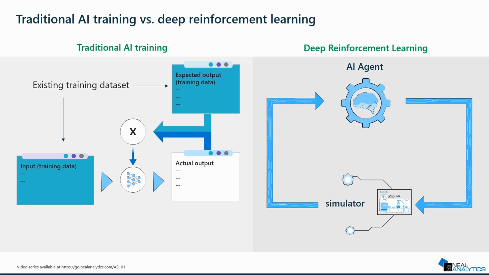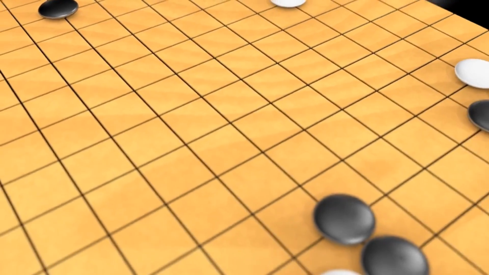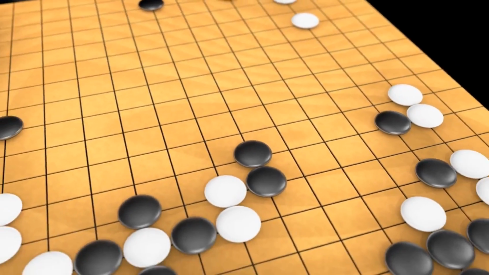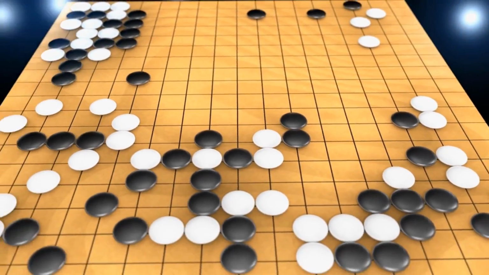With this approach, using an appropriate platform, such as the Microsoft Project Bonsai platform, you can run millions of training cycles in a matter of hours. With every cycle, the AI agent learns and gets better until it converges to an acceptable level. An example of a similar approach is when Google showcased how its Go program could learn by playing against itself. In that case, the simulation and the AI engines were two instances of the same AI.